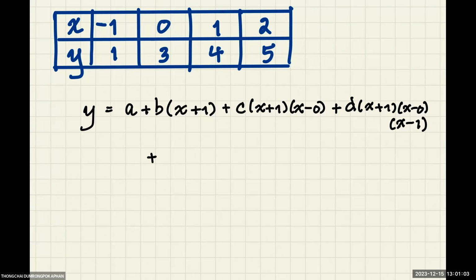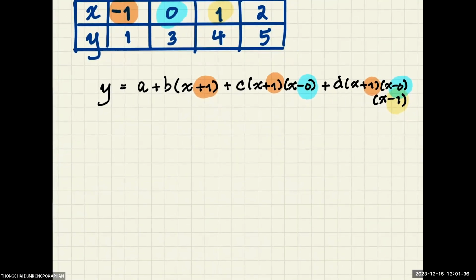Is it enough? Yes, because we want a polynomial of degree 3. The points are minus 1, 0, and 1.